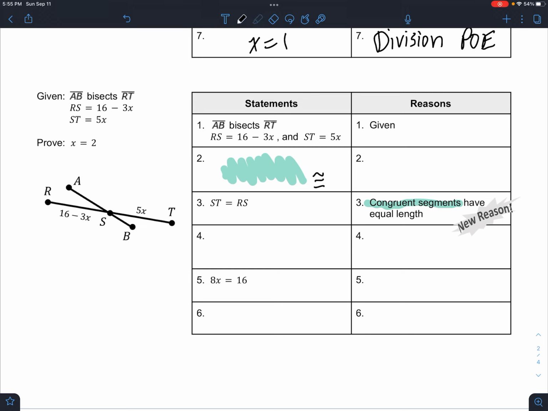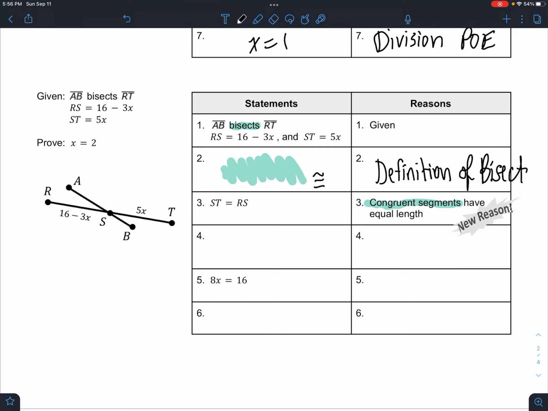Bisects. So if you're given the word bisects, in your next or maybe your following reason, you have to include bisect, because we have to convert that English word into something I can use in an equation. So I know that this has to fit in here somewhere, so I want to see if I can apply it first. Okay. Because when you did the review, you took that word bisect and then you wrote an equation about it.